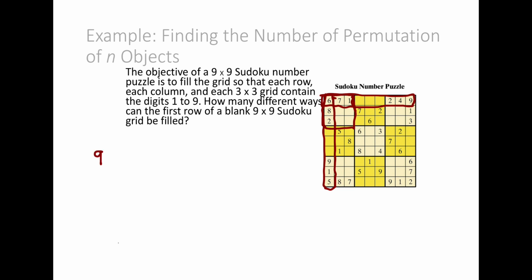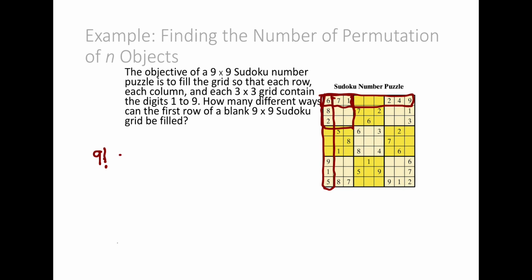So 9 factorial, really. There's going to be 9 and then 8, etc. Putting that into our calculator, you see that's 362,880 different ways.